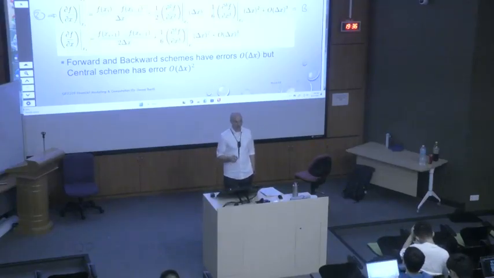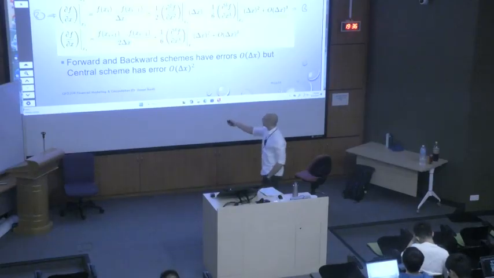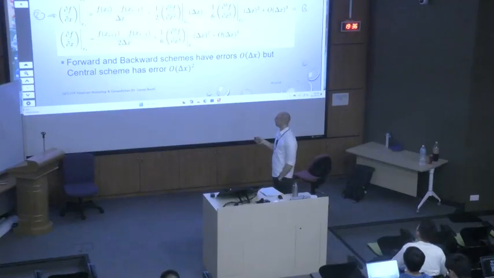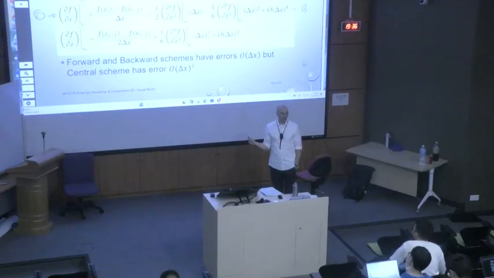The magic thing when we do that is the following. Here the xi cancels out because I have minus xi plus xi, so here it's just the difference of the neighboring points, not the point itself. But here, I have the same term but with a different sign, so it cancels. What that means is, this first order error term disappears.